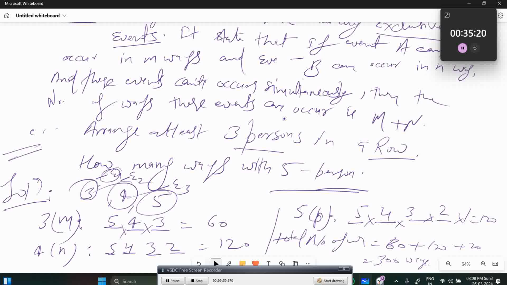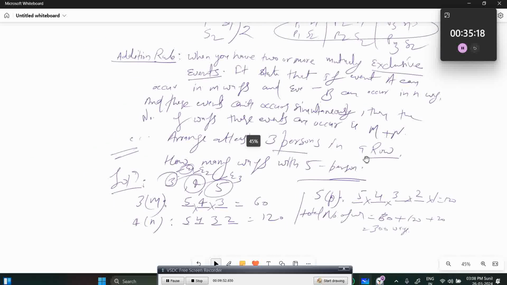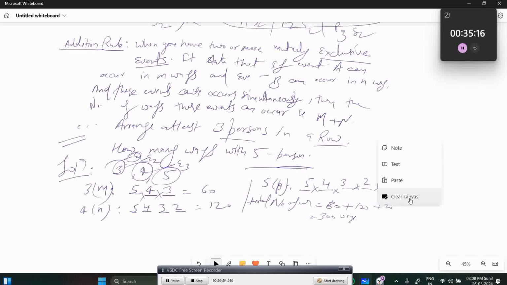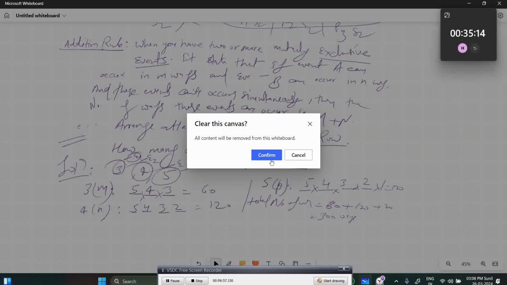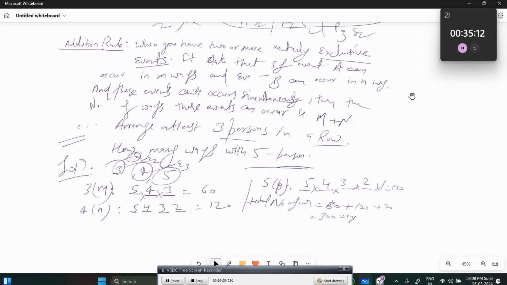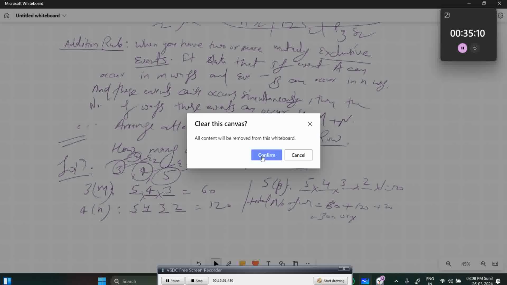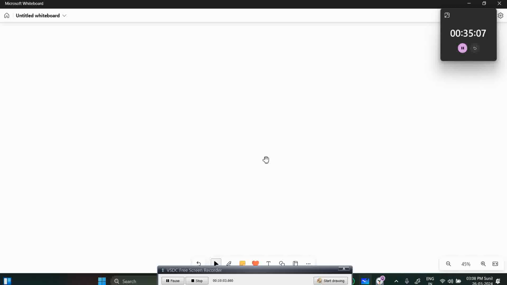So next we are going to discuss permutation. Now that we understand the addition rule and the multiplication rule, next we will discuss permutation.